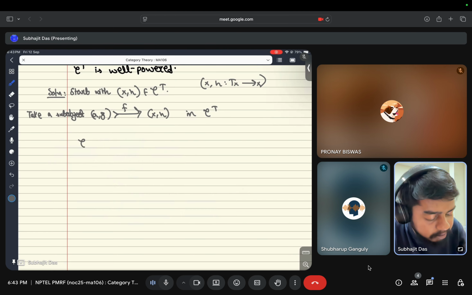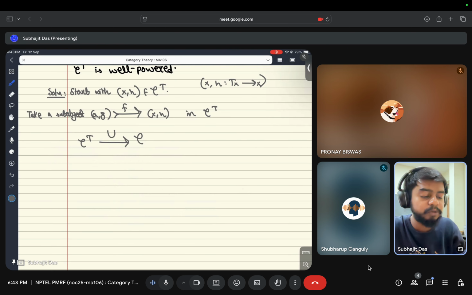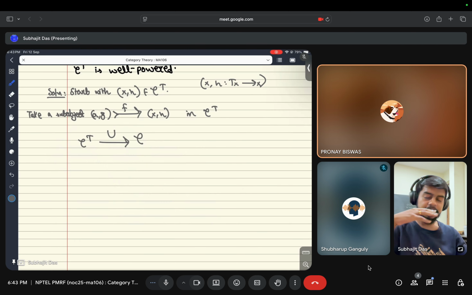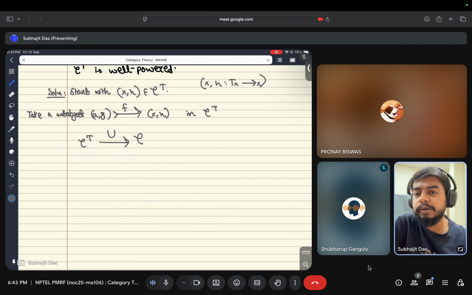So from C power T to C, you have a functor U, the forgetful functor. Do we know anything special about this functor? In general, for any monad T, do we know anything special about the functor U?